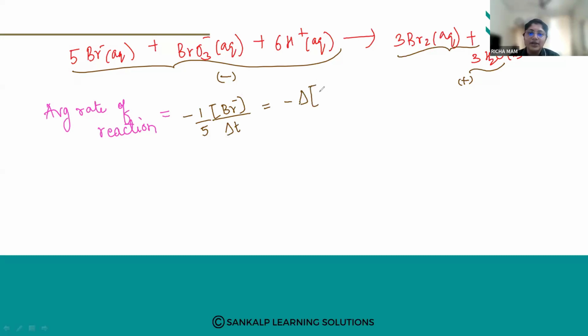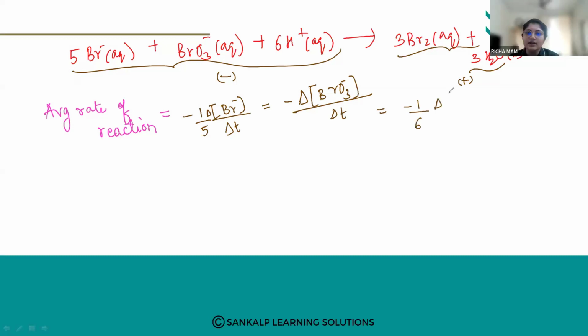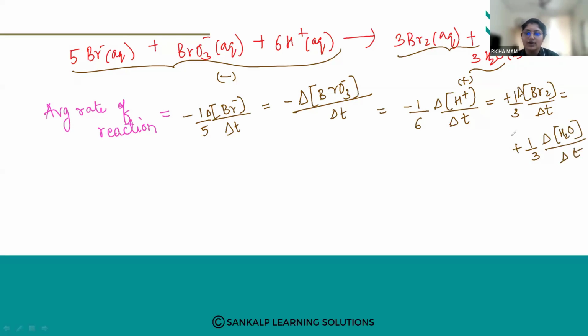Then it equals minus 1 by 6, delta concentration of H plus by delta t, which equals plus 1 by 3, delta concentration of Br2 by delta t, which equals plus 1 by 3, delta concentration of water by delta t. Yes, very good.